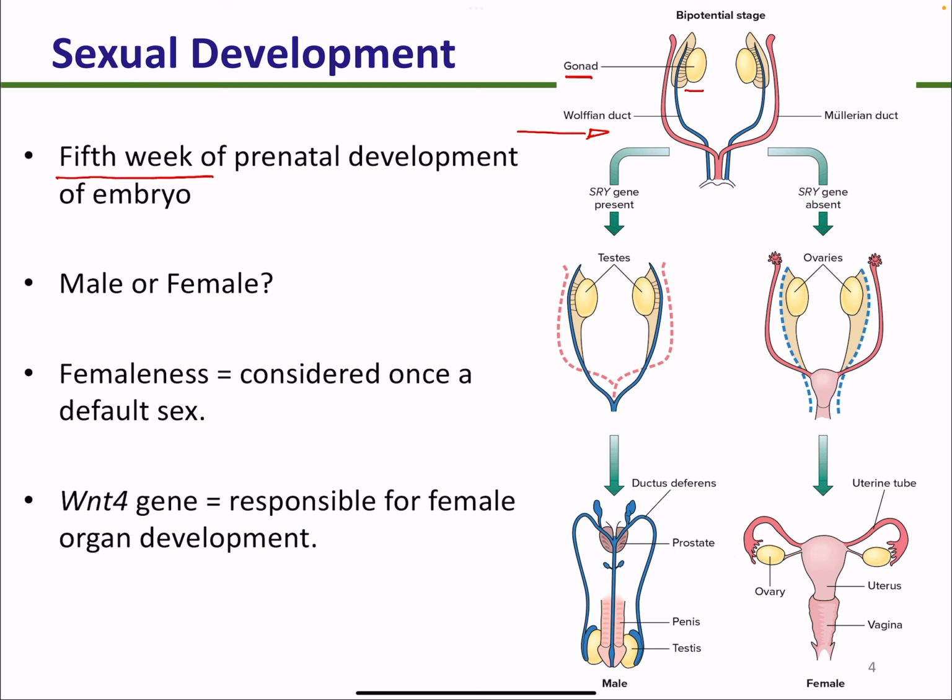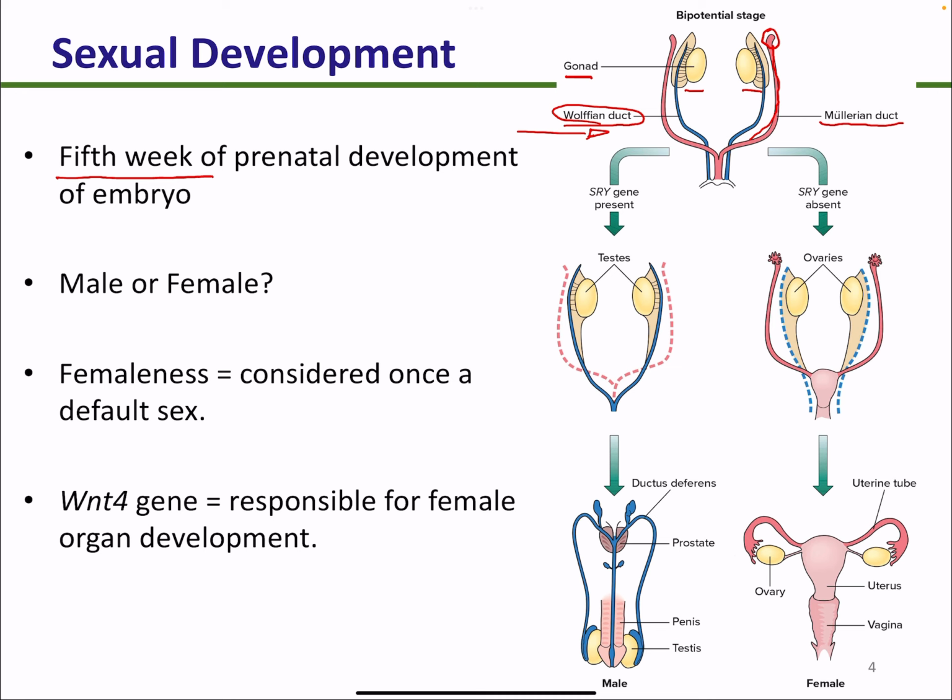We see gonads, the future testes, right? And here we have the Mullerian duct, which is the future tubes that are going to lead to the uterus, the future uterus, right? And then we have the Wolffian ducts that are going to be the future vas deferens, all right?